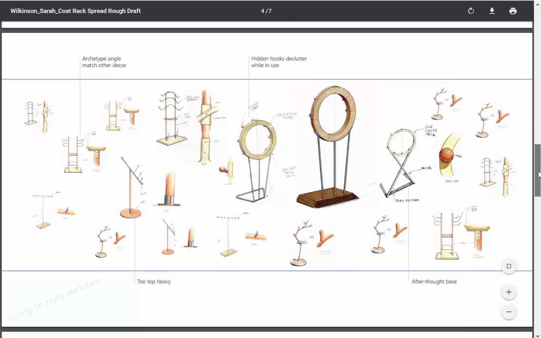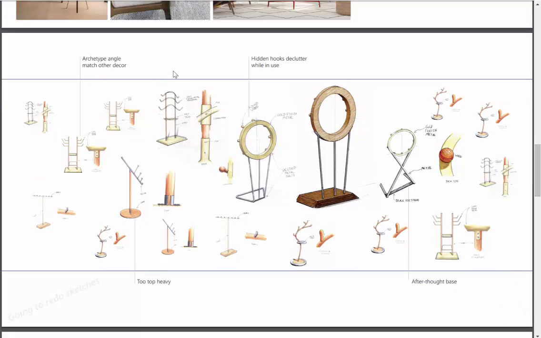Then we get into sketches. I like what you're doing here. Good job with the leaders. Most people throw them in without considering delicacy. Silence the lambs. Cool. So how does your approach fix the problem of designing cost-efficient, attractive coat racks?